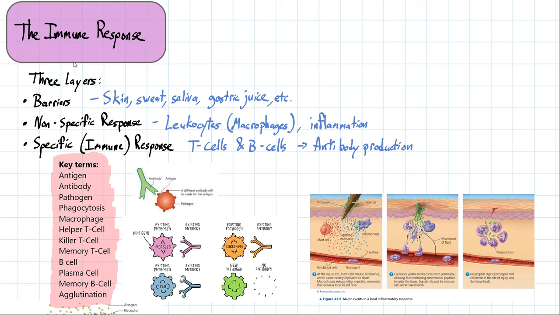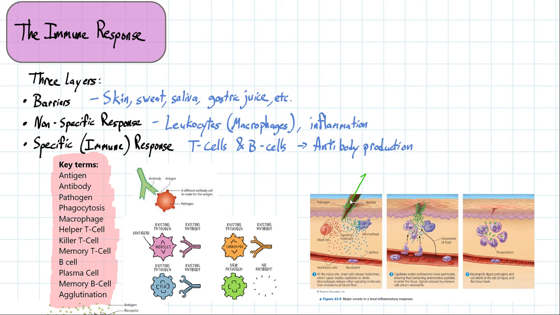Your sweat and saliva, your gastric juice, every surface of your body that is exposed to the external environment, including the inside of your lungs, your respiratory tract, is lined with something that can help to fight off an infection before it begins. So like the mucus layer in the inside of your respiratory tract with the ciliated hairs that can sweep things away, that's part of it. And the barrier is probably the most important part because if something doesn't get in, then there's no infection.